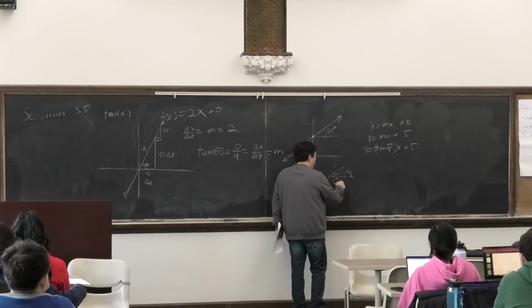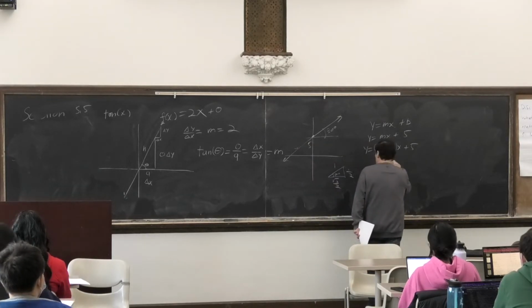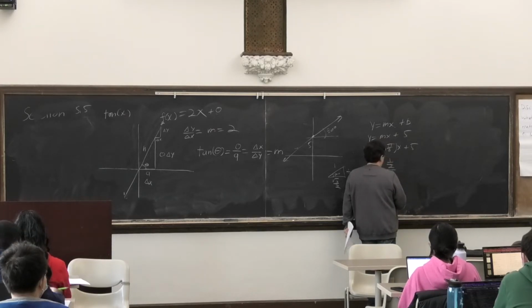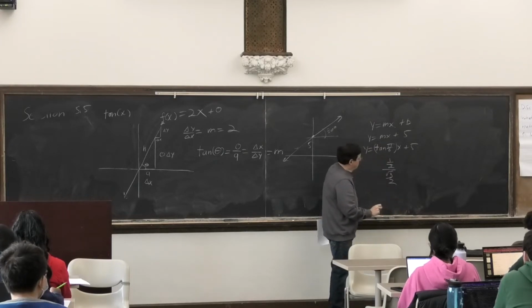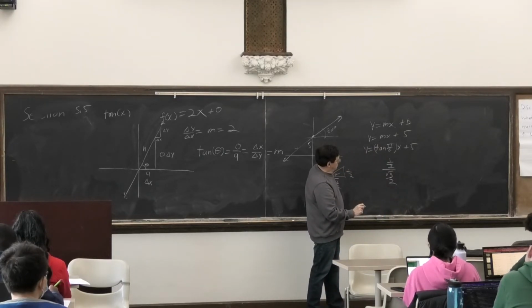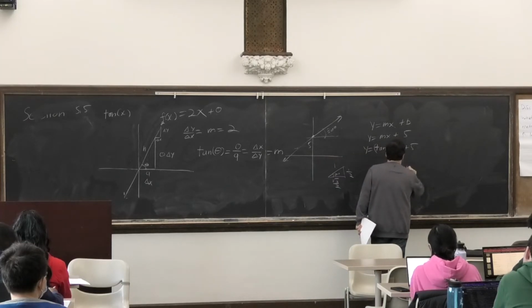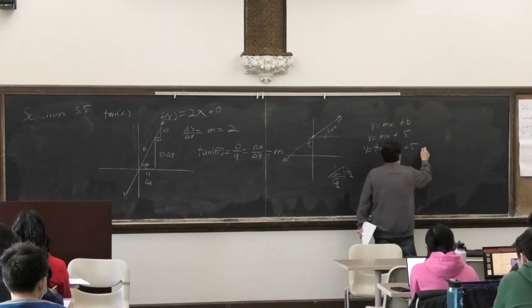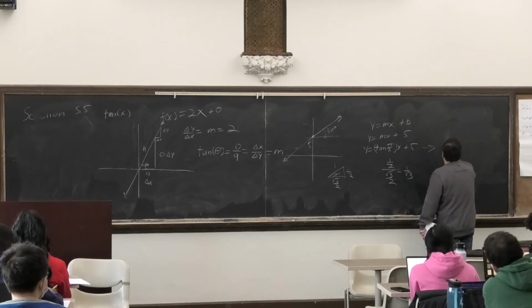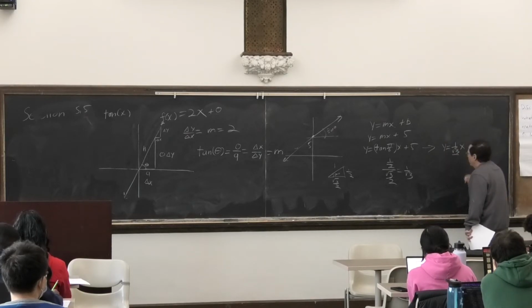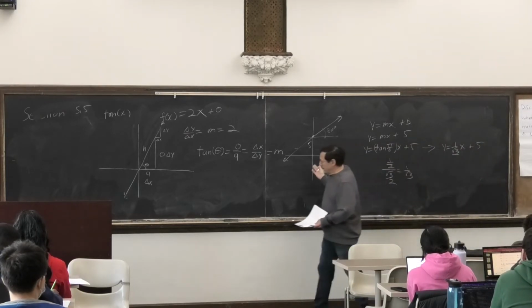So the opposite over the adjacent is 1/2 over square root of 3 over 2, or 1 over the square root of 3. So that makes our equation just y equals 1 over the square root of 3 x. That's our slope plus our intercept. So that's one thing you could do with this.